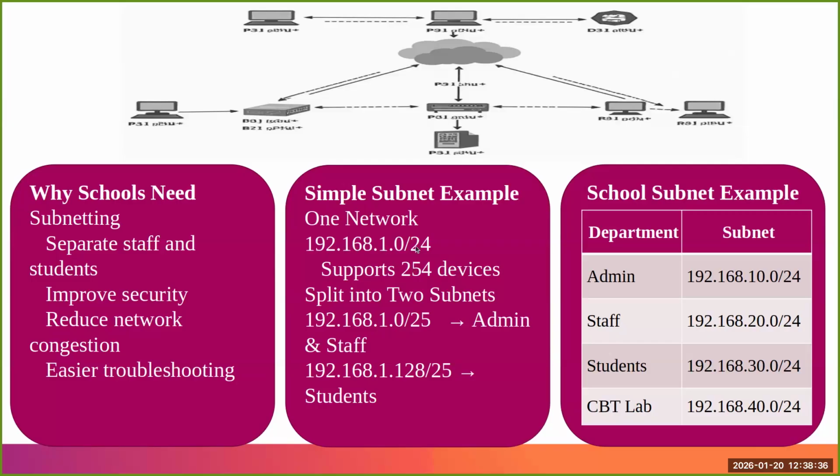Now we can split this 192.168.1.0/24 into two different parts. That means /25 and /25. So each will now have 128 addresses, 128 on this side, 128 on this side.